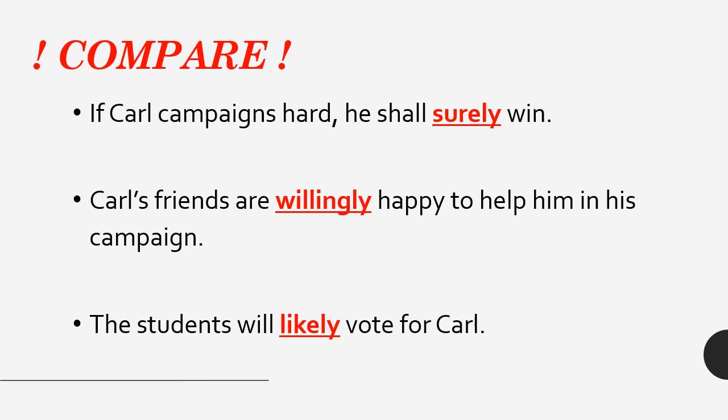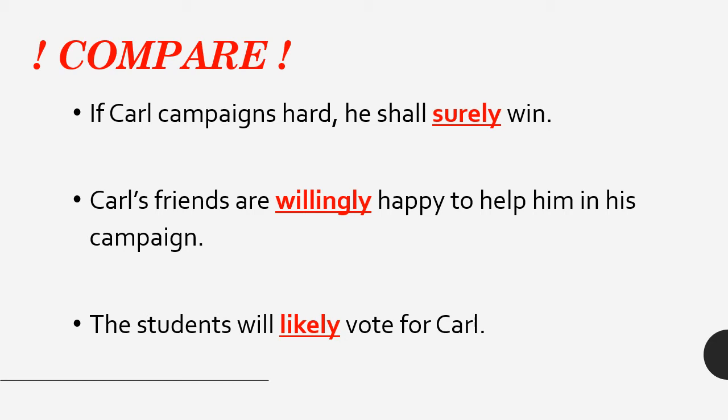Okay? So, I will highlight again bullet number 2. If we look at surely in the first sentence, it is pointing to something. Okay? If Carl campaigns hard, he shall surely win. What do you think does the word surely modify in the first sentence?